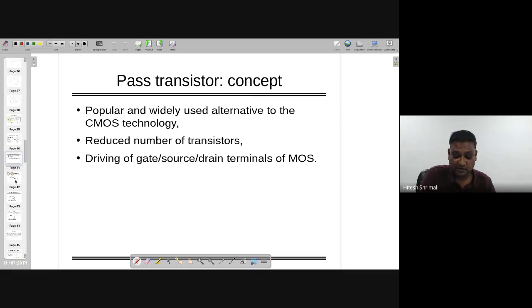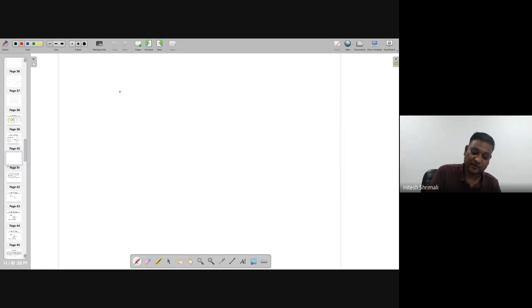Now there is one more thing. Other than the two techniques which you have learned, one is pseudo NMOS, where the problem was that the output was not rail to rail. But in the case of a DCVSL circuit, you have complementary outputs.